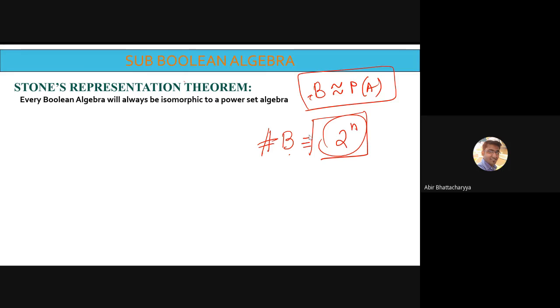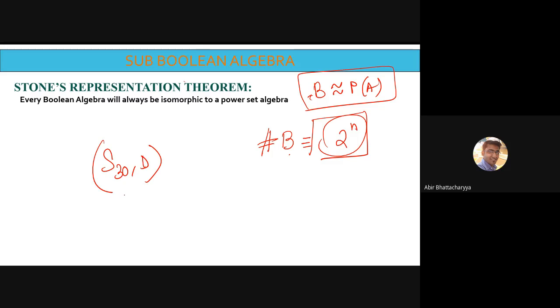After that, we'll check the distributive law as well and complemented lattice, all those things. But if someone asks you for 1 mark only, whether S30 is a Boolean algebra or not, how do we check? So what's the step?